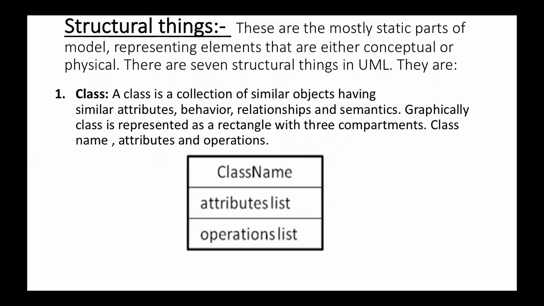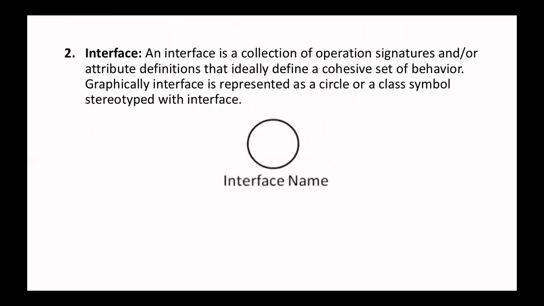Moving to the next structural thing, interface. An interface is a collection of operations that specify a service of a class or component. An interface therefore describes the externally visible behavior of that element.